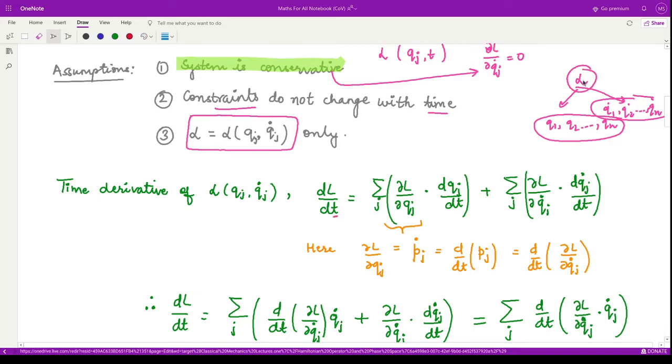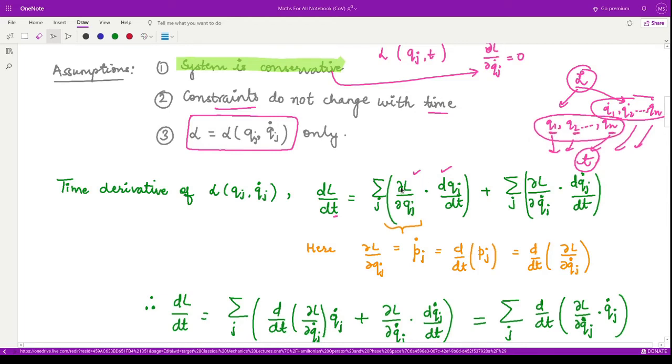That means we take the partial derivative of L with respect to all of these n coordinates, del L by del qj, and these are all functions of time, so thereafter we perform their derivatives with respect to time. This has been done for each of the n particles.